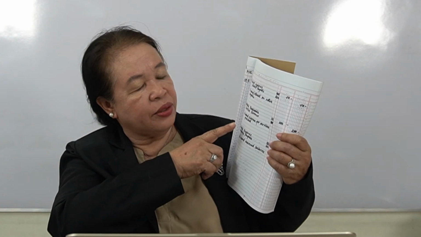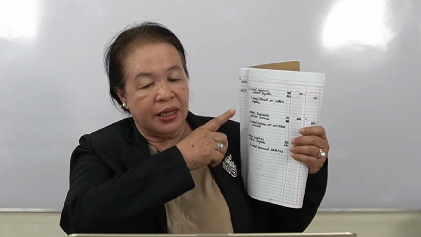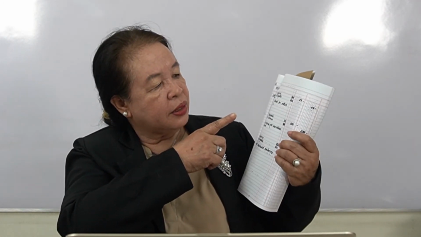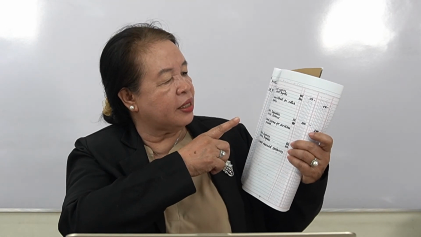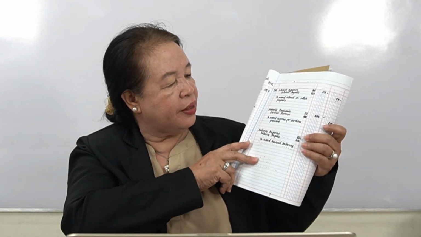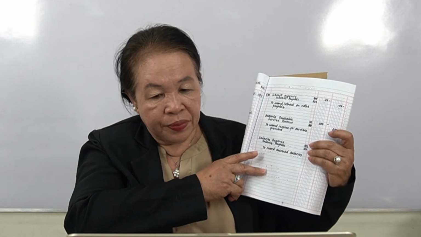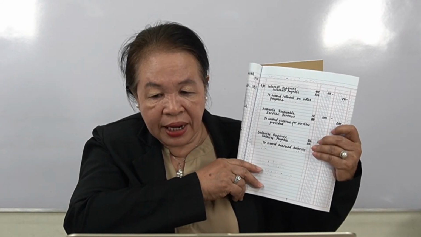So again, the record natin yung ating adjusting entries. We have the interest expense of 50 and then credit the interest payable, no? The record natin 50 to record interest on notes payable. And then we have the accounts receivable na 200, no?